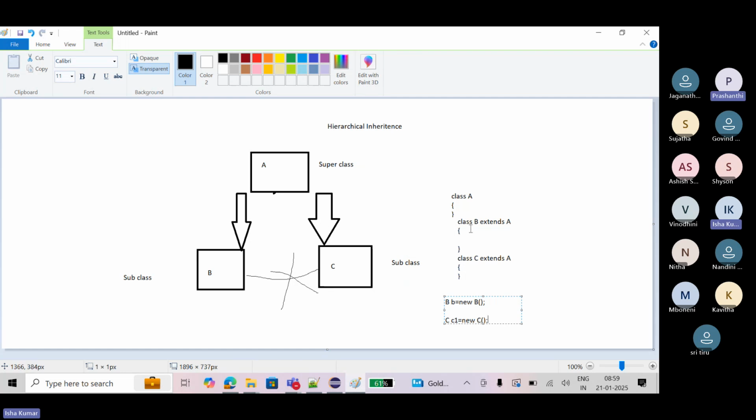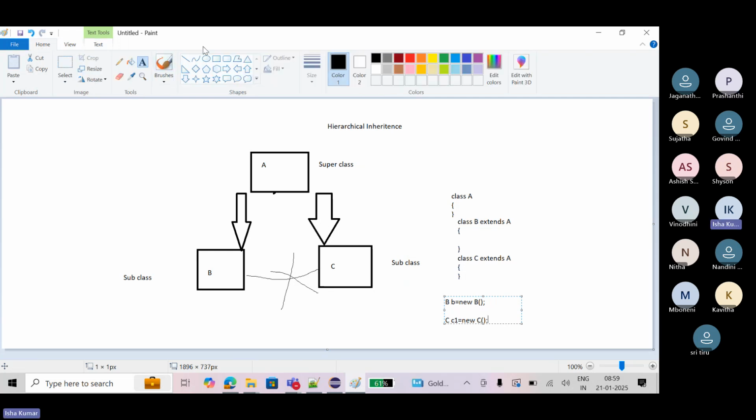If you create the object of B, then it can access the properties of B as well as A, because A is the superclass. Is it clear to everyone? Yes, sir. B can access A. Again, C can directly access A. Understood?